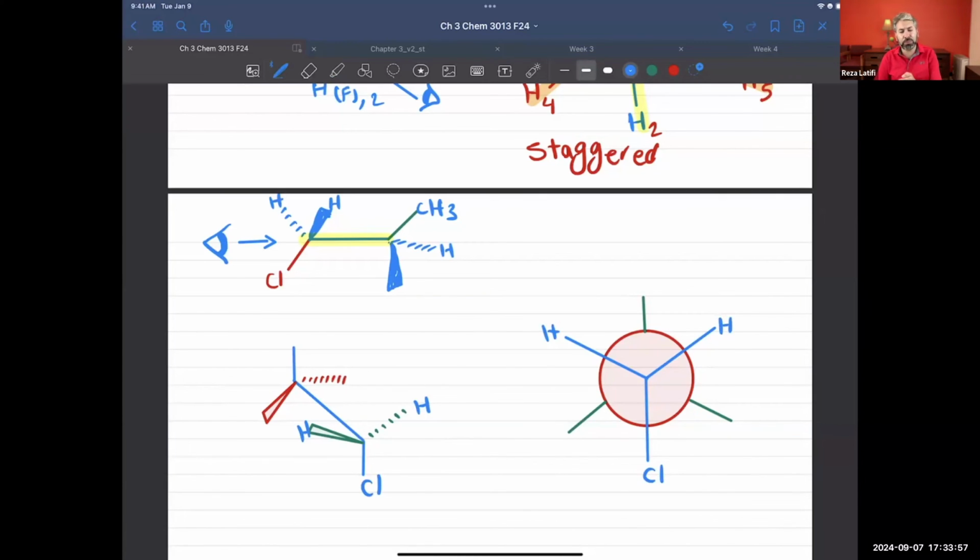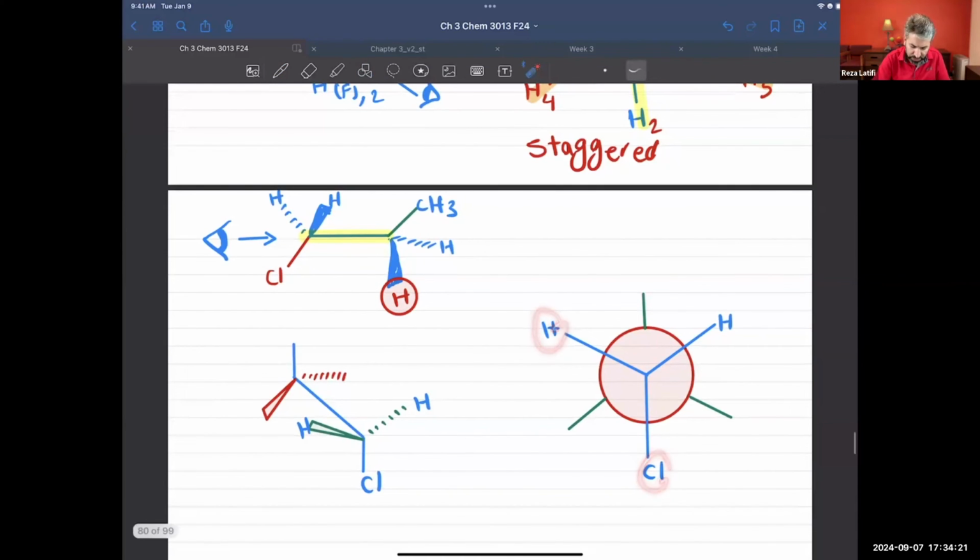Again, if I keep looking, I will see that in this direction I have a hydrogen atom. One hydrogen atom, the one I'm going to highlight, will show up between the chlorine and this hydrogen. So I got the hydrogen here, the hydrogen I'm going to circle.